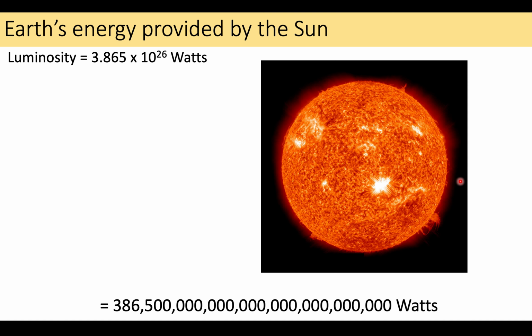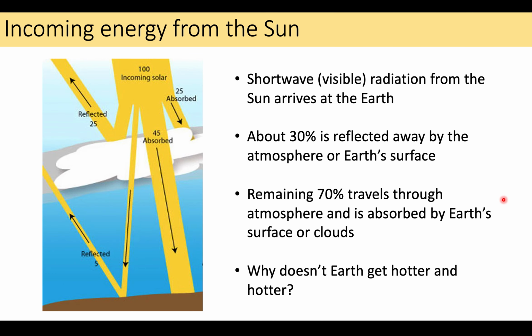The energy for Earth starts at the sun. So here's our sun. The sun emits an absolutely massive amount of energy. The luminosity of the sun, get this number down here, that is a lot of zeros. That's 10 to the 26 watts, order of magnitude. The sun provides a lot of energy.